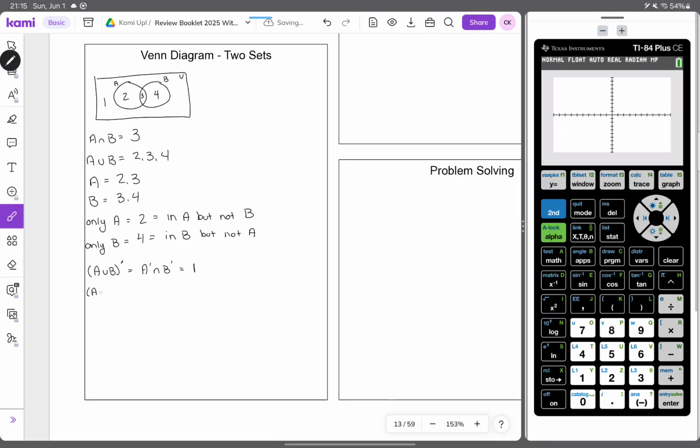I could have A intersect B complement, which is the same as A complement union B complement. And this is going to be regions 1, 2, and 4. So the most important thing with Venn diagrams of two sets is knowing where to look. What regions am I looking at to answer my specific question?